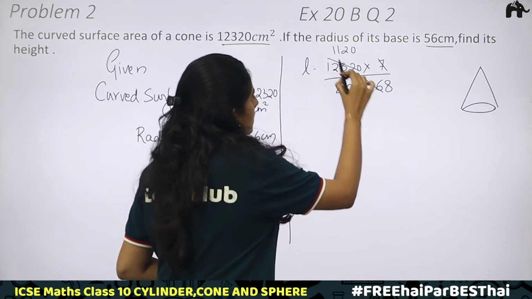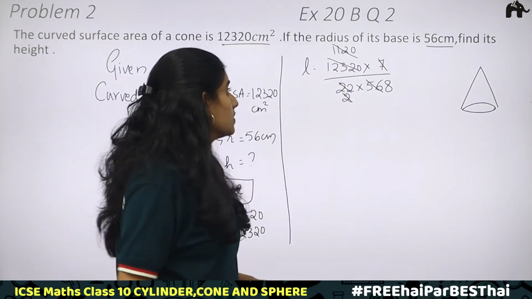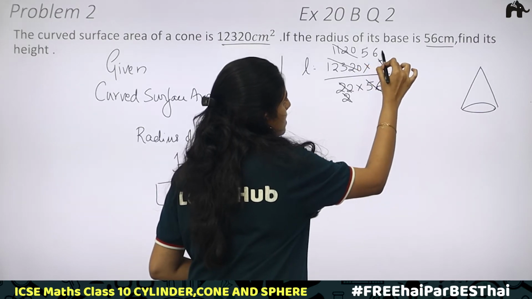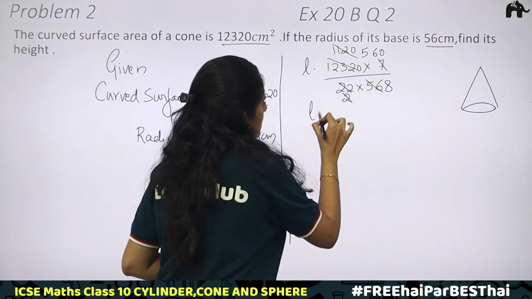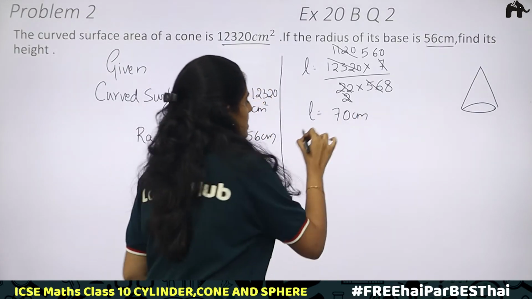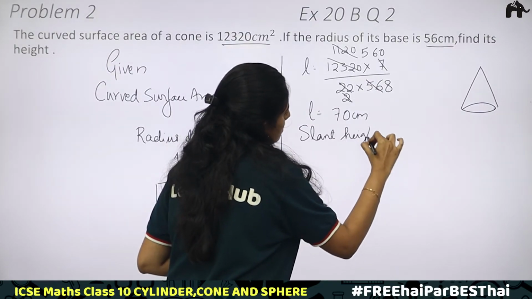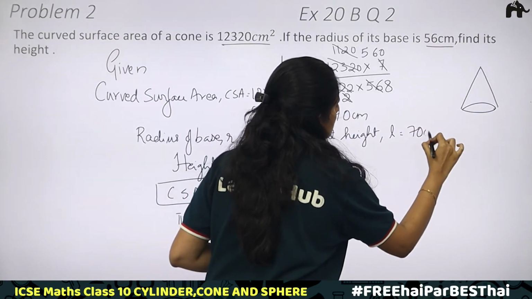Okay. Then again 2 and 1120 can be cancelled. We will be getting 560. 560 by 8 is 70. 70 centimeter is the slant height. Slant height L is equal to 70 centimeter.